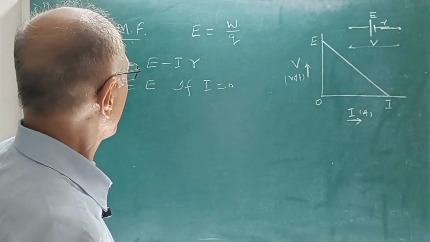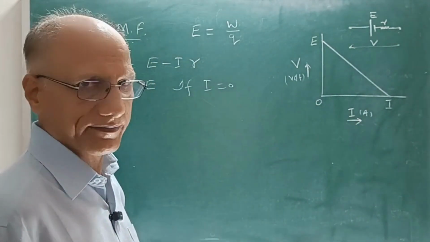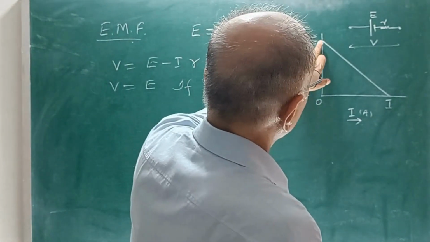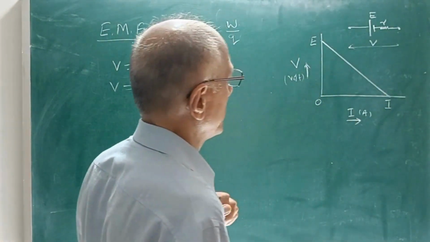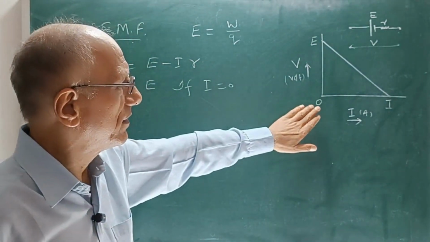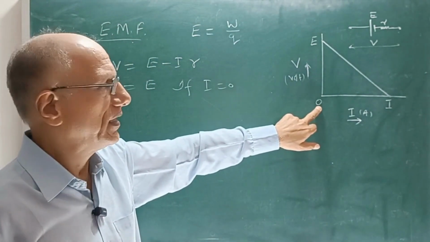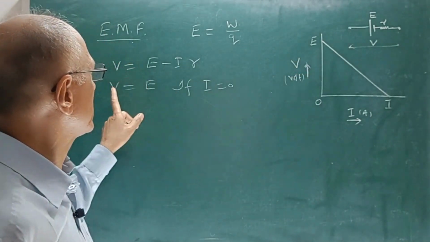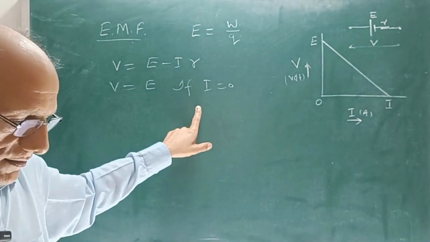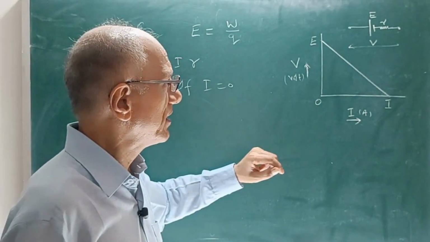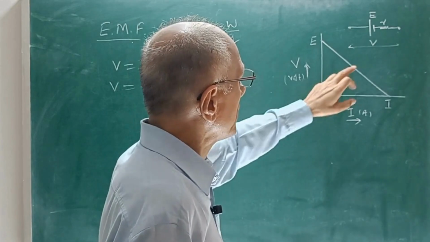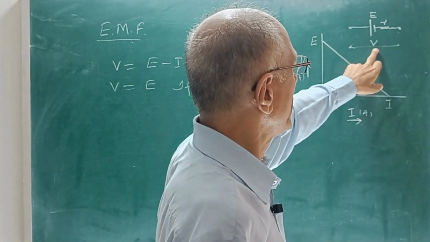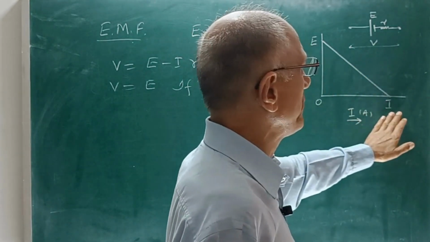Now, if we plot the graph between V and I, then the graph comes like this. So when no current is drawn, the V is maximum, that is E, as it is very clear from here. Similarly, when the V is 0, that time the current will be the maximum.